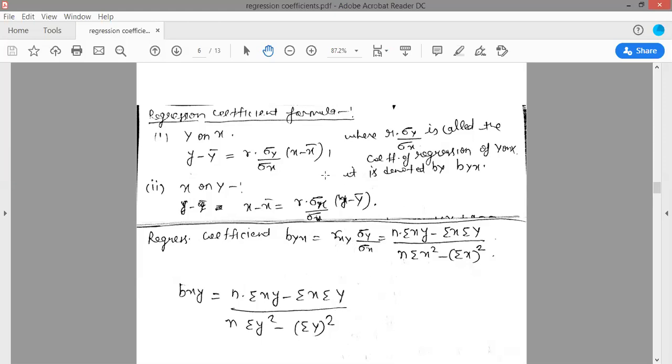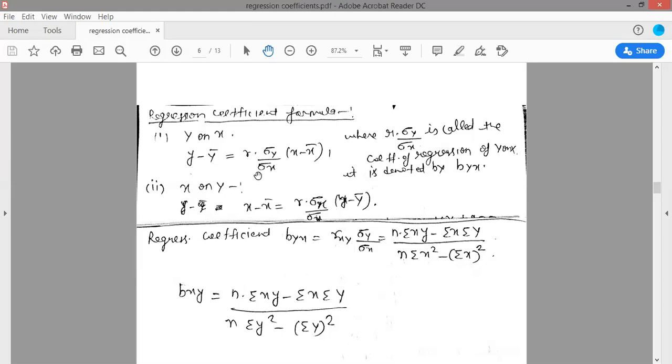This is your regression coefficient, and the regression line y on x formula is y minus y bar is equal to r into sigma y upon sigma x, x minus x bar, where sigma x and sigma y are the standard deviations. Sigma x is the standard deviation of the x series, and sigma y is the standard deviation of the y series, right?